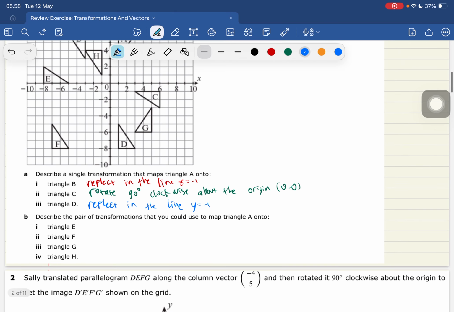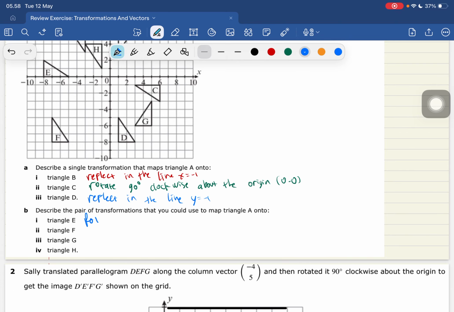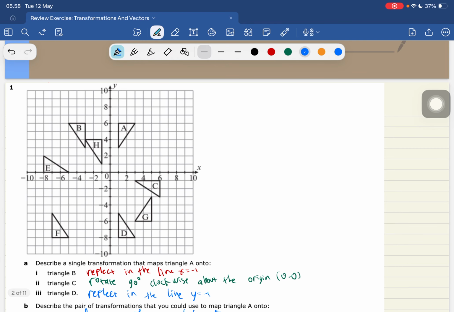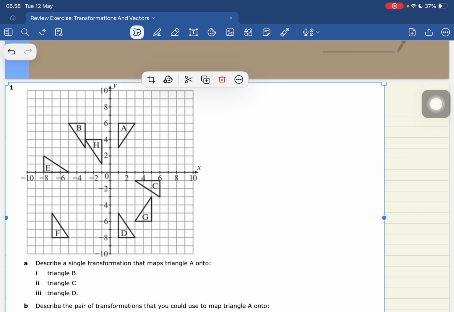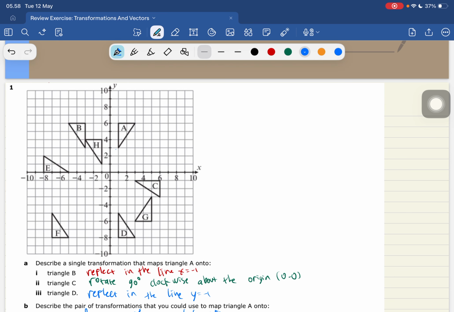So we can write it first: rotate 90 degrees anti-clockwise about the origin. Let us take the origin as the center. So we got 3 down, 1, so you make it 1, and then 3. Here it is, so it's going to be here.